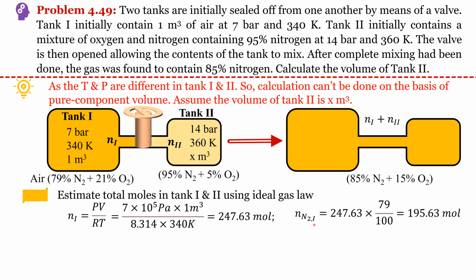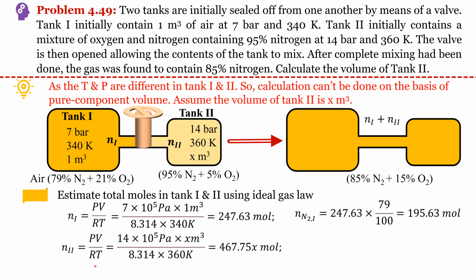So the moles of N2 in tank 1 will be equal to 79% of N1, so it will become equal to 195.63 mole. In the same way, we can find the total number of moles in tank 2 using the ideal gas equation. So this N2 will come in terms of x.